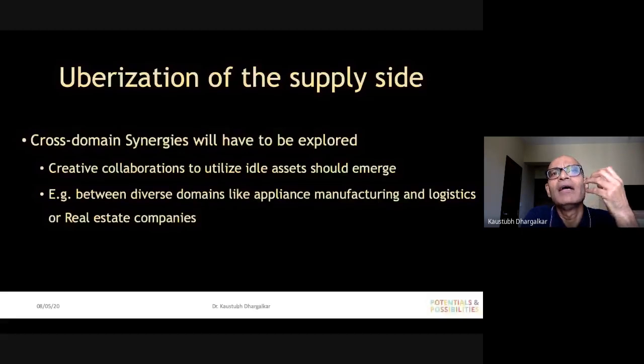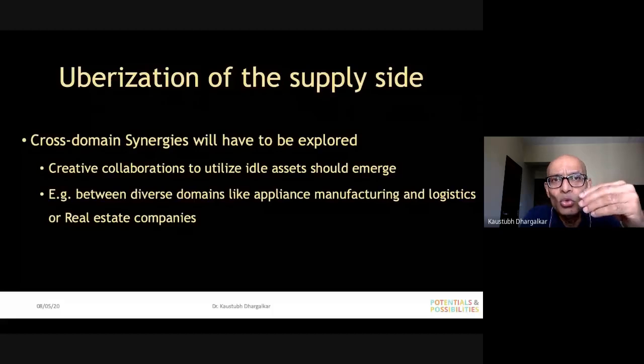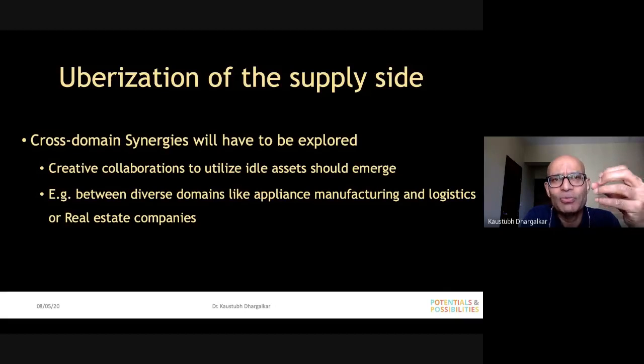Now, imagine if this appliance manufacturer creates a synergistic tie-up with this logistics partner, who by virtue of having large warehouse space, they come together and set up small compact assembly units, assembly lines at the logistics person's warehouse place, and start supplying the demand coming from that market.